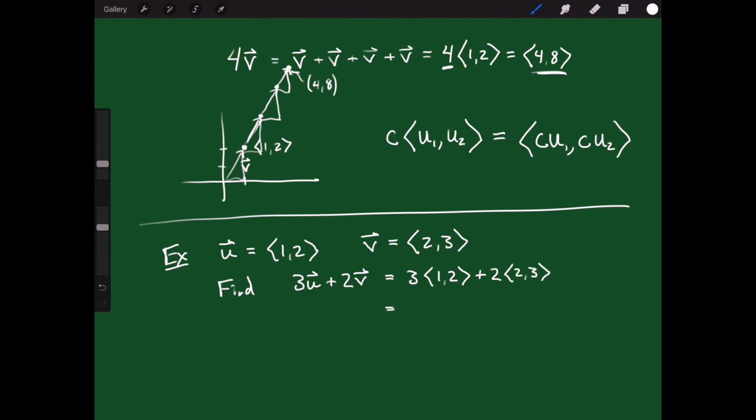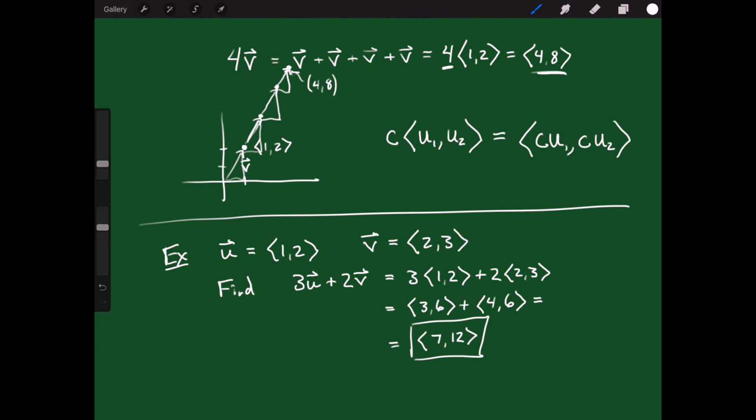I can multiply through using scalar multiplication of a vector and get that this is 3, 6 now. Plus, I can multiply through again and get that this is 4, 6. Now adding those two vectors, I just add them up component-wise, and I get 7, 12. And so 3u plus 2v in this case is the vector 7, 12.